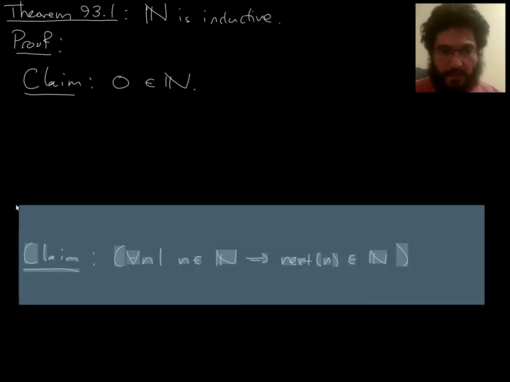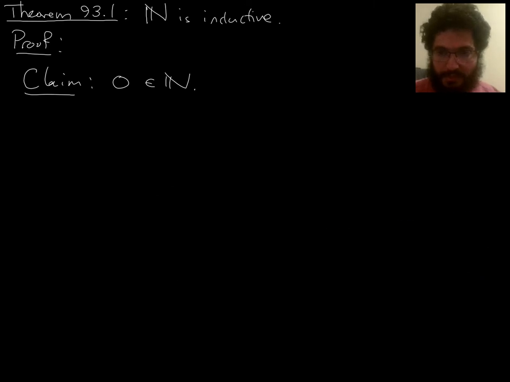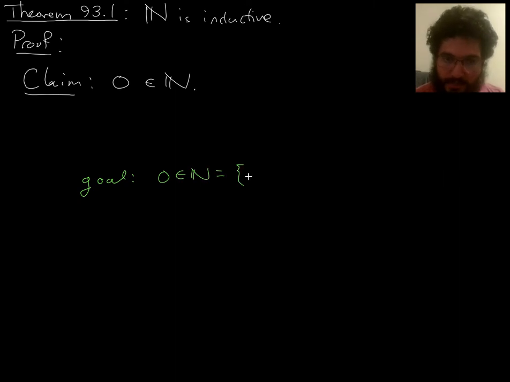Now, for now, let me get this first claim out of the way since I think this will take some space. So let me give it the space it needs. And let's think about our goal. Let's do some scratch work. The goal is to prove 0 is in N. But what is N? We'll go back to the definition of N, the set of all things that are in every inductive set. So instead of writing j is inductive, let me just write j ind.